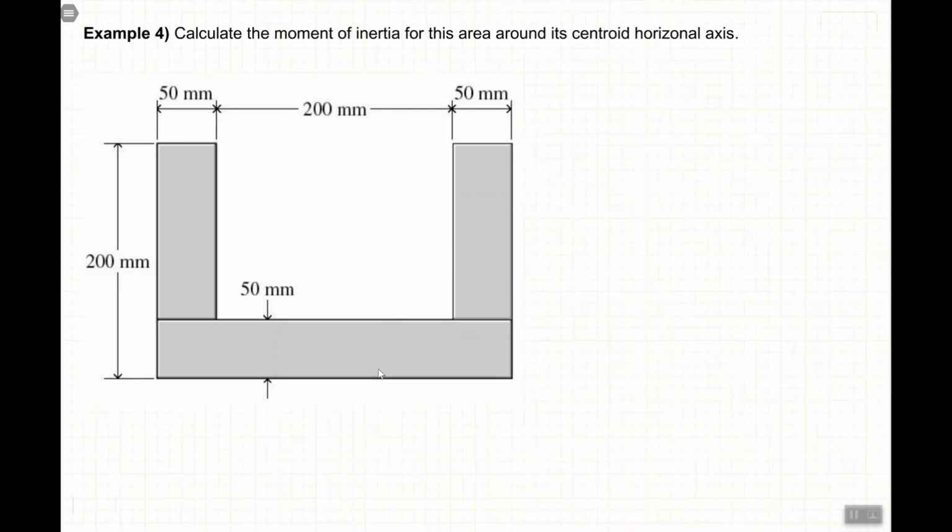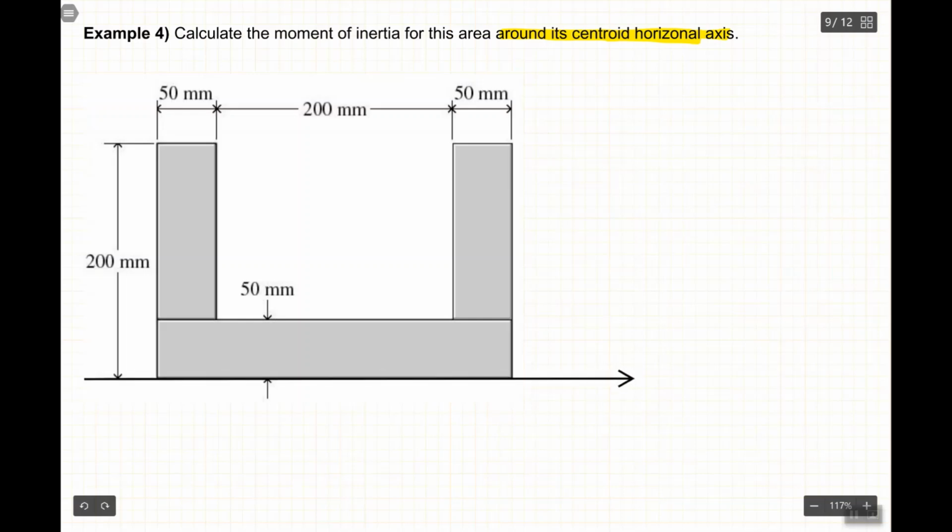So this question is asking us to find the moment of inertia about its centroid, around its centroid, and also about its horizontal axis. Okay, that's the plan. So first step, we need to find out where is the centroid. So as I explained earlier in this lecture, to find the centroid we need to decide for a coordinate.